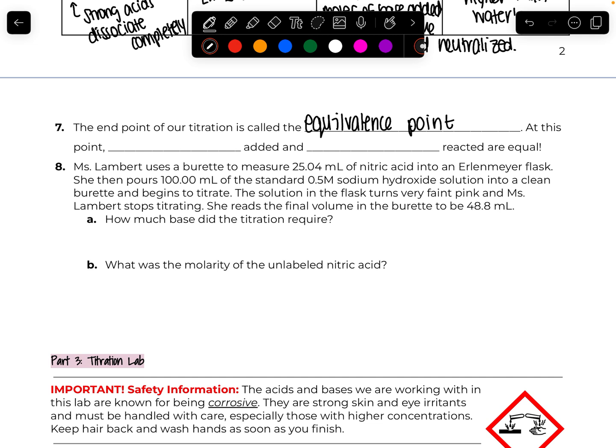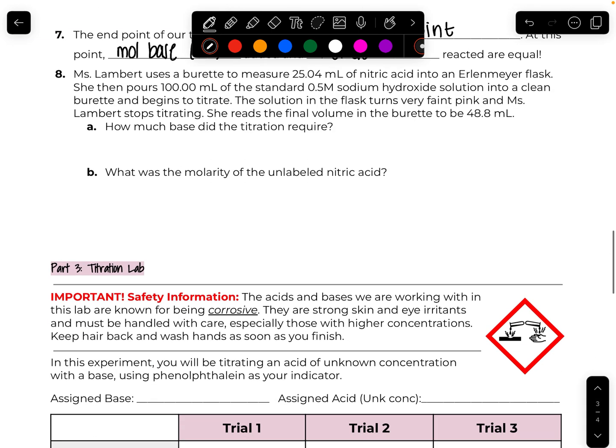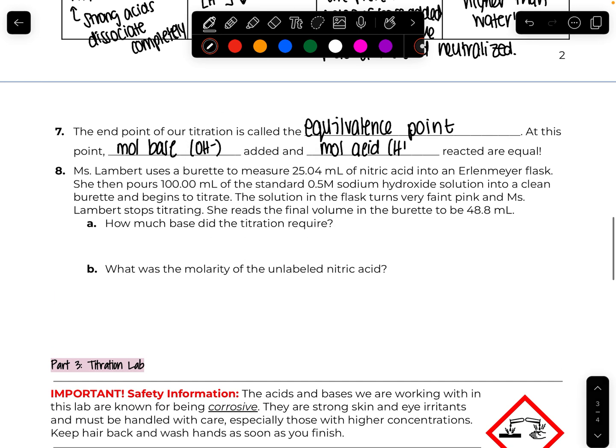Equal. So this tells you this is when your moles of base, your hydroxide, and your moles of acid, your hydrogen ions, are equal to each other.